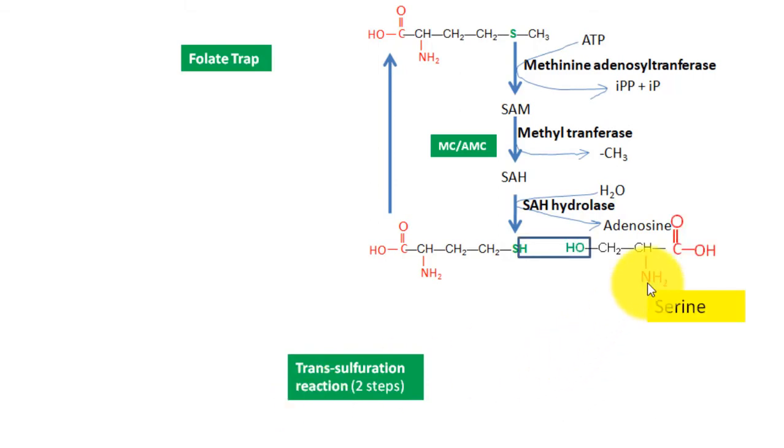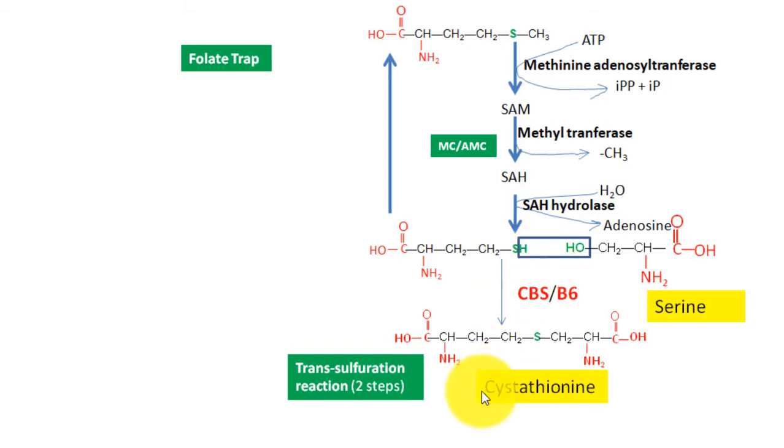The compound formed is cystathionine, and this cystathionine is synthesized by one very important enzyme, the deficiency of which is responsible for classical homocystinuria. This enzyme is called cystathionine beta synthase. This is a vitamin B6 requiring enzyme.